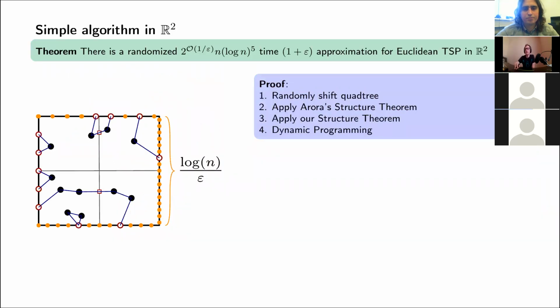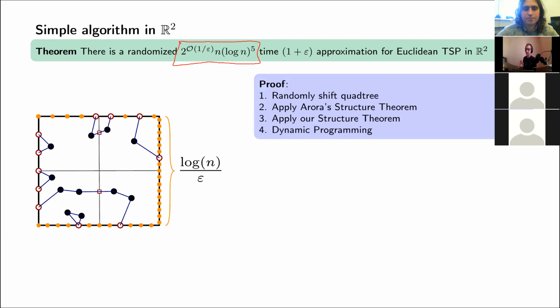Now, something that Michał doesn't want us to see is what we get by doing this dynamic programming. It's slightly involved, but I will be quick here. We get 2 to the 1 over epsilon times n times log n to the 5. That's something worse than what we have at the end, but it will be simple dynamic programming.